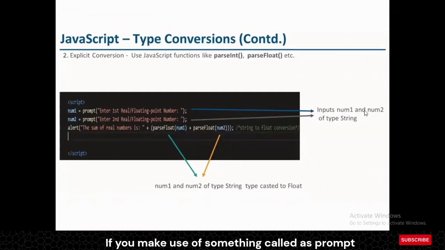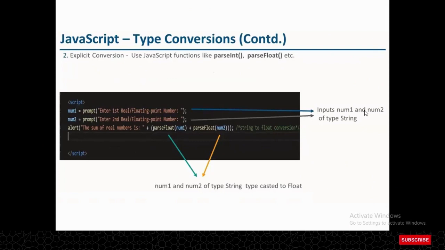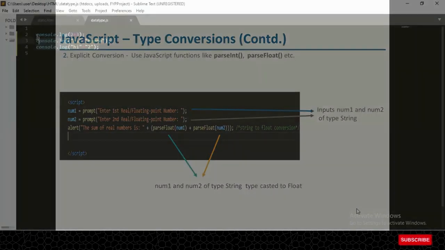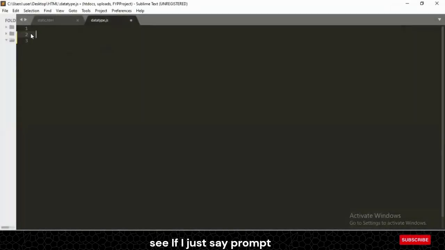If you make use of something called prompt, the question is, what is the prompt? A prompt is something which prompts you to write in the data. There is a global function in JavaScript called prompt. Let's try this through some practical. We remove this, and just say prompt, enter some value.